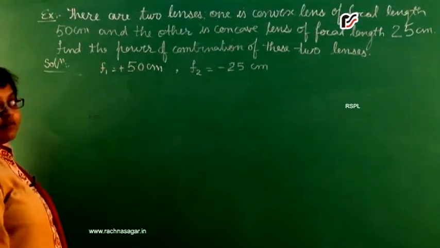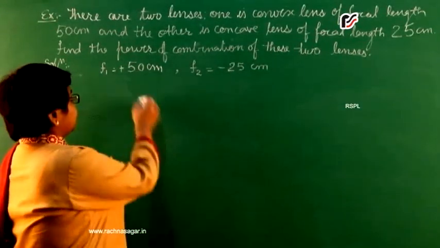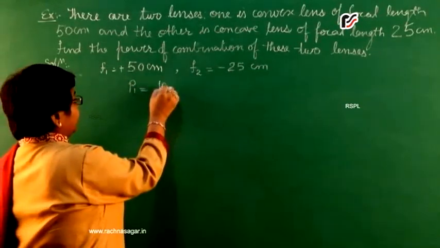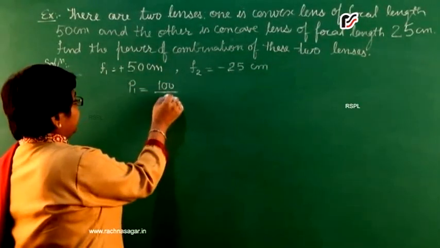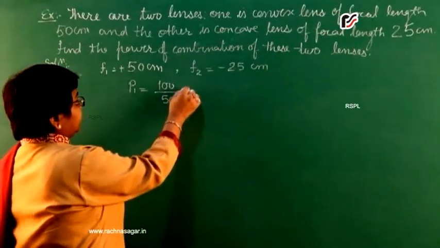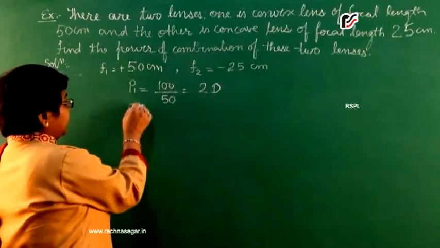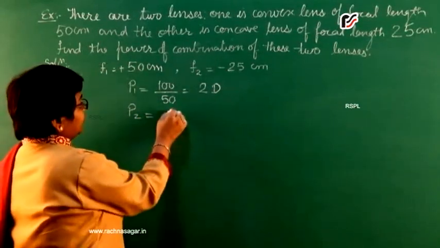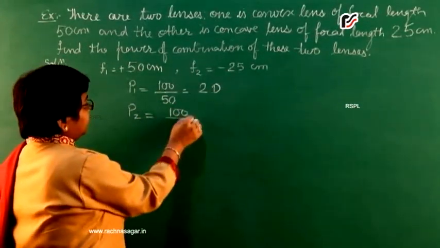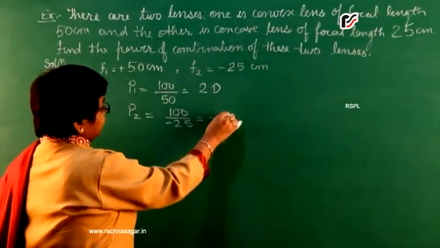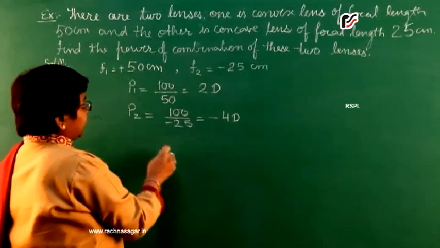First we find out the power of these individual lenses. P1 equals 100 divided by f1, that is 100 by 50, 2 diopter. Similarly, P2 equals 100 by minus 25, that is minus 4 diopter.